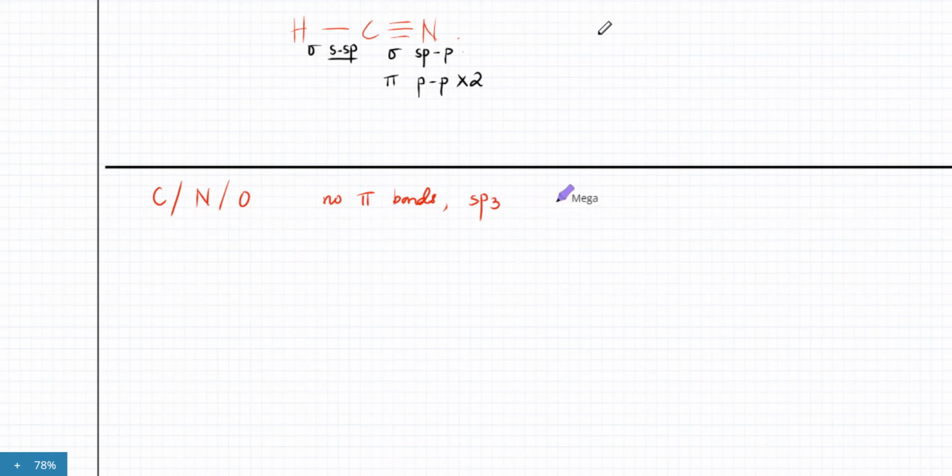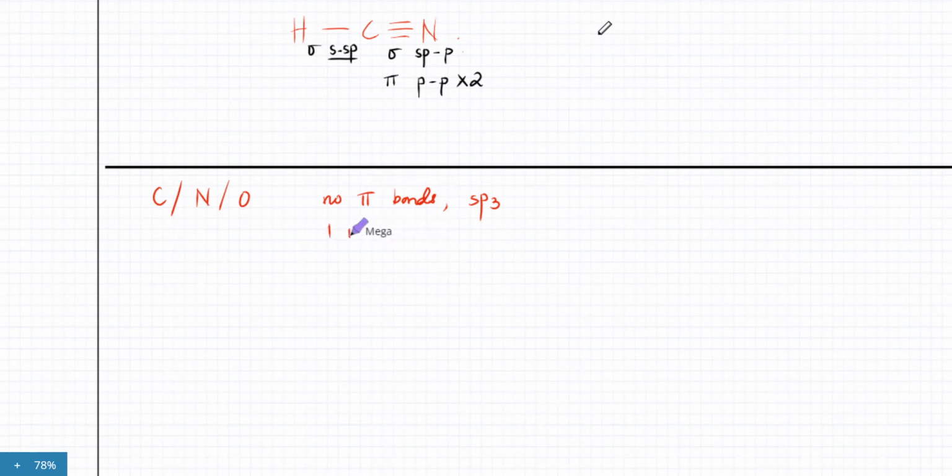It's pretty hard to make a general rule for hybridization and extend it to all other atoms. Most of these rules are not going to function properly. So you're going to stick to carbon, that's about it. But if they ask you about nitrogen or oxygen, if no pi bonds, that's sp3.